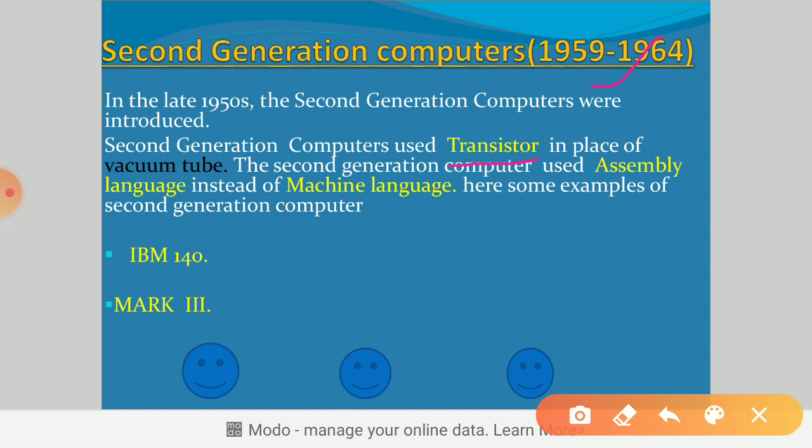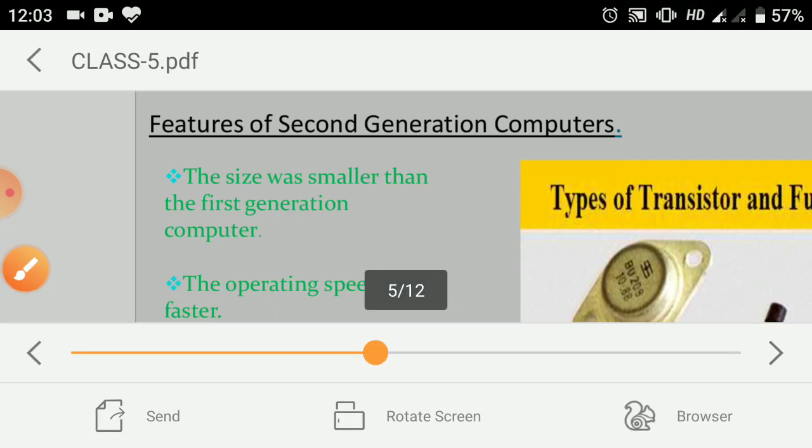The second generation computers used assembly language instead of machine language. Some examples of second generation computers are IBM 1401 and Mark III.